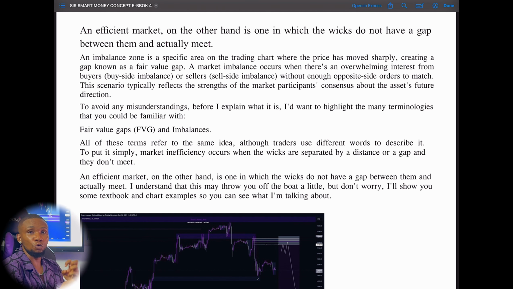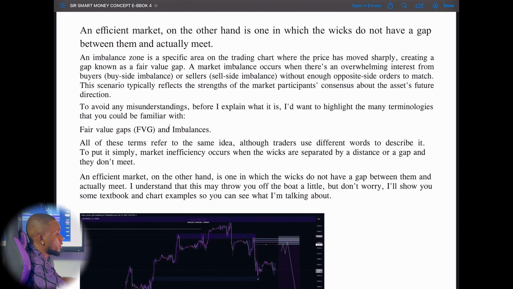Now, this is a battle between the sellers and the buyers, and this sharp movement that causes imbalances simply tells you who is stronger than who, who is having the highest strength, the people that are putting in plenty of orders. Aggressive sellers will leave aggressive imbalances. Aggressive buyers will leave aggressive imbalances. So let's continue, guys.